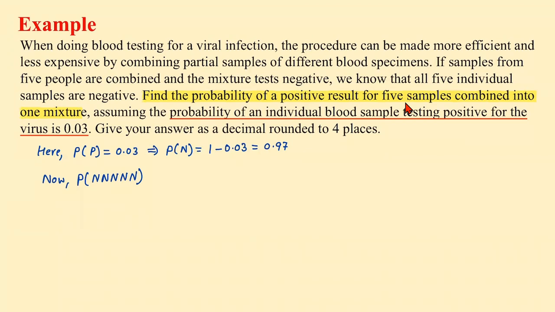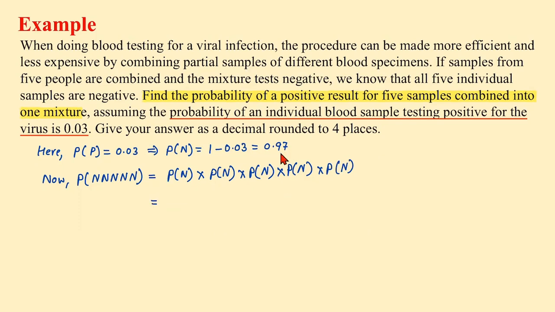So first we want to find the negative result for all 5. Because we are talking about negative for first, negative for second, negative for third, and so on, it will be the product of all 5: the probability the first is negative, times the probability the second one is negative, times the third, the fourth, and the fifth one is negative.